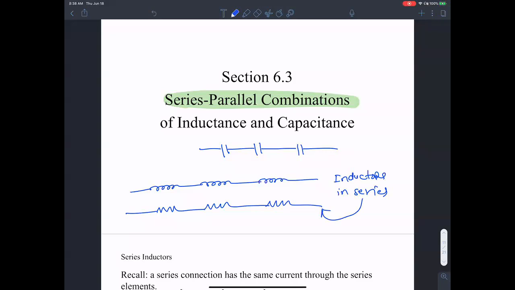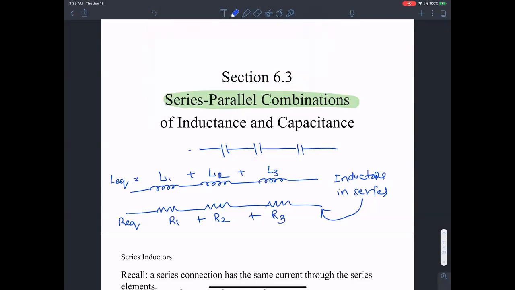Meaning that if there are three different inductors, L1, L2, and L3 in series, the equivalent inductance is simply the sum of inductances. Just as in resistance, the equivalent resistance in series is the sum of individual resistances. Inductors in series behave like resistances in series.